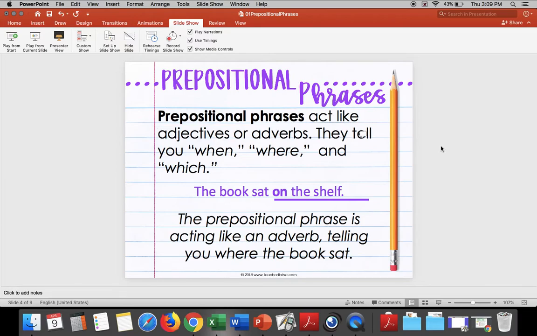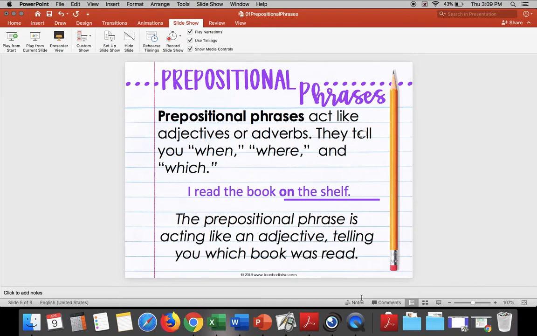So basically it's telling you about a noun or a verb. So the prepositional phrase is acting like an adverb. It's telling you where the book sat. And then on this one, I read the book on the shelf. It's telling you which book that you read. It's acting like an adjective and telling you which book was read, the book that was on the shelf.